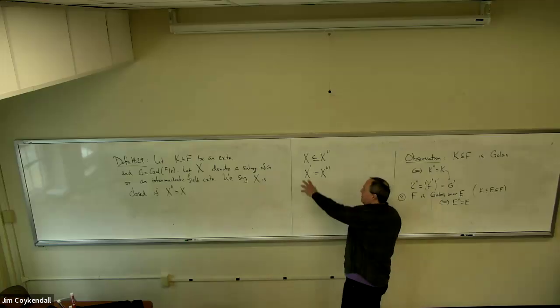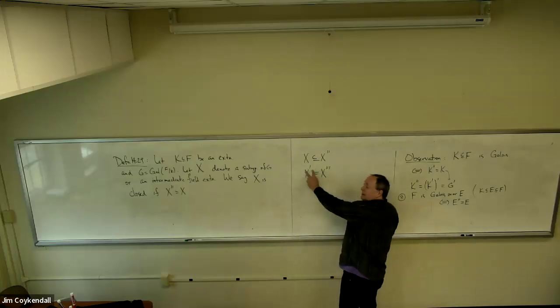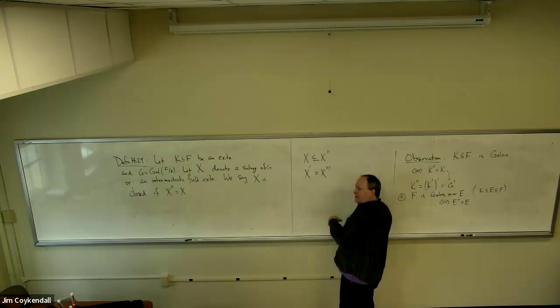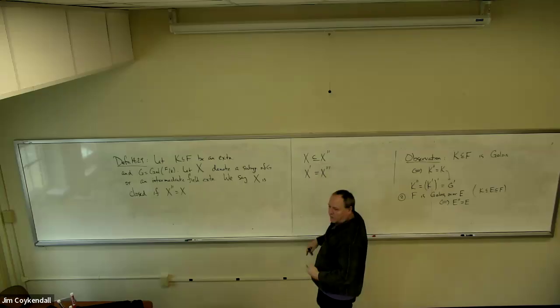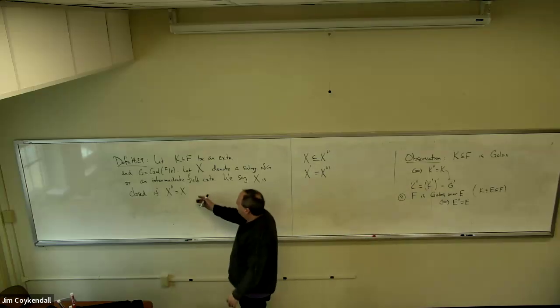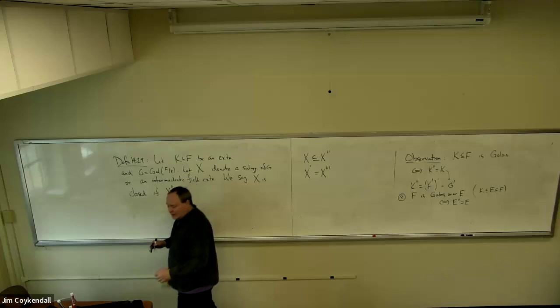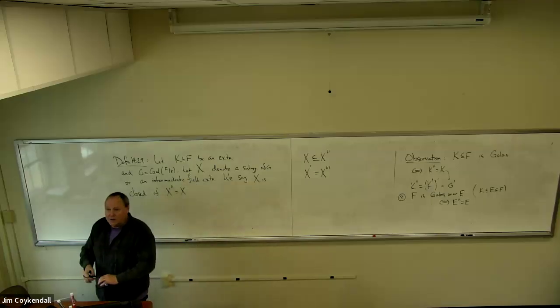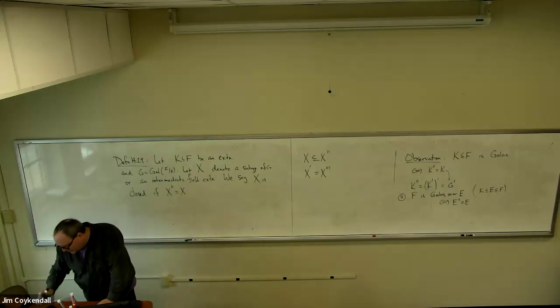And by the way, if you keep adding primes, X double prime is equal to X quadruple prime. This is the last one where things may fail, and it's special. We say it's closed if you actually get equality for the double prime.